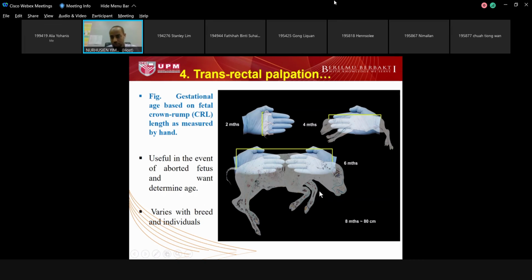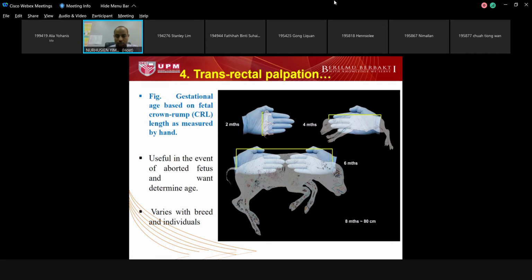And then around 6 months of pregnancy, for an aborted fetus, it will have a size when you bring the two hands together, attaching head to head. So the size will be from the beginning of this palm until the beginning of the other side of the palm.